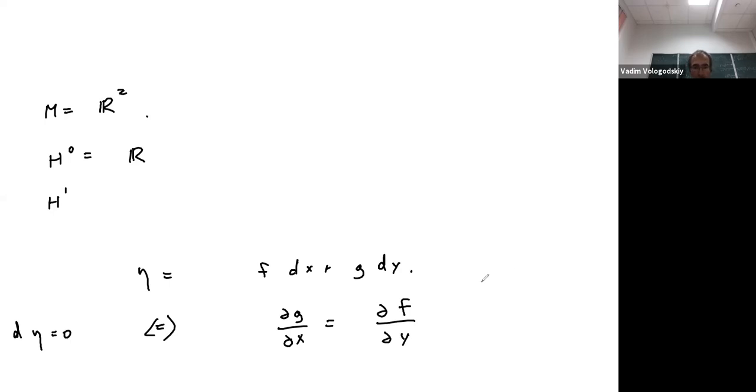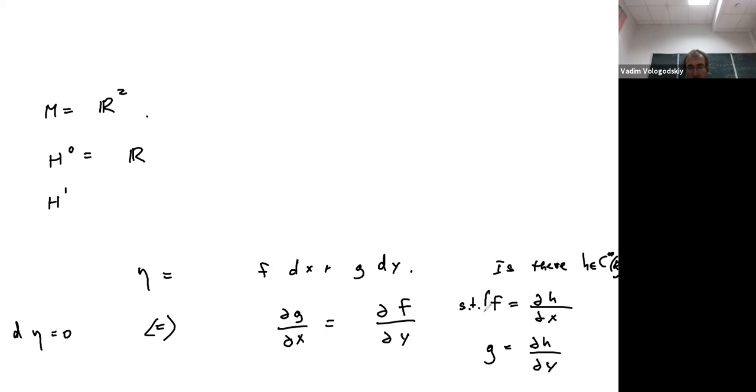And the question is, is there a smooth function h on R2 such that f is dh over dx and g is dh over dy?